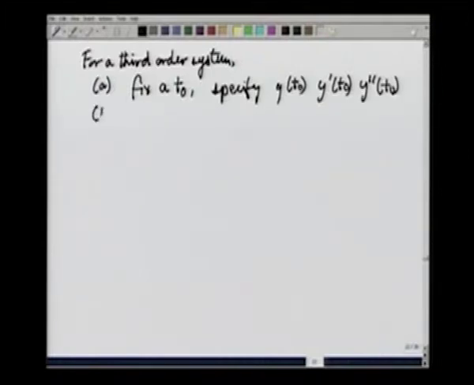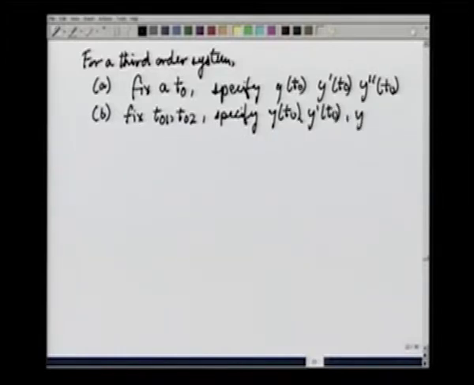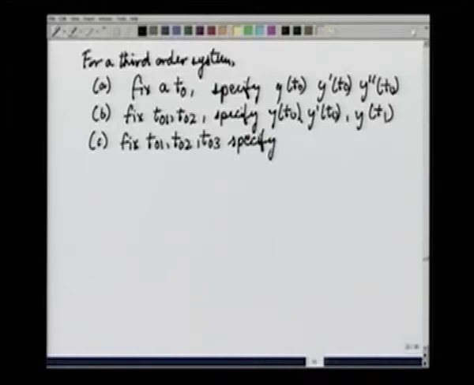You could choose B: fix T01, T02, and specify y of T01, y dash of T01 and y of T02, or C: fix T01, T02, T03 and specify y of T01, y of T02, y of T03, and so on. Sorry, something is wrong with the previous line also.